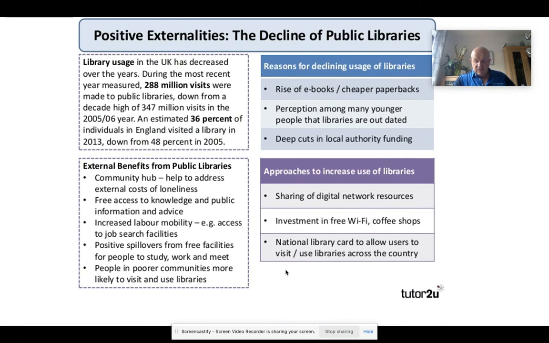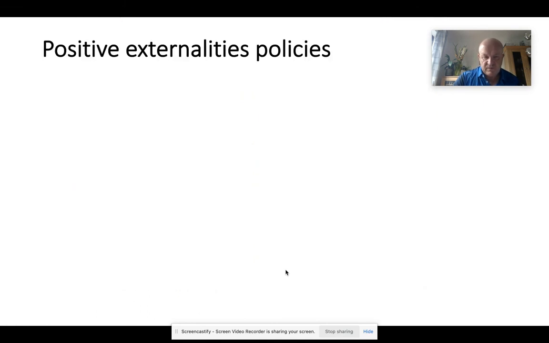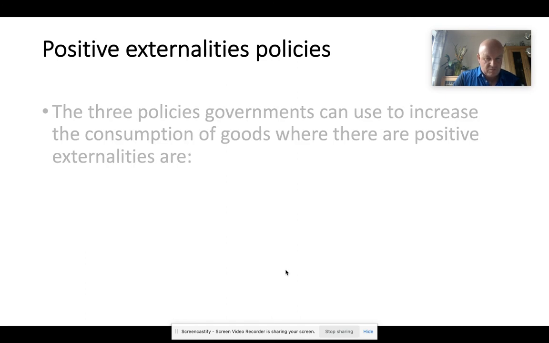Clearly, one of the things that the government is keen to do is to try to arrest that decline and provide alternative services to make sure that these external benefits from public libraries are actually really accounted for. A number of different externality or positive externality policies that government might be able to use.